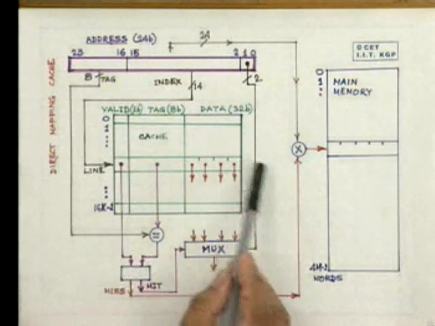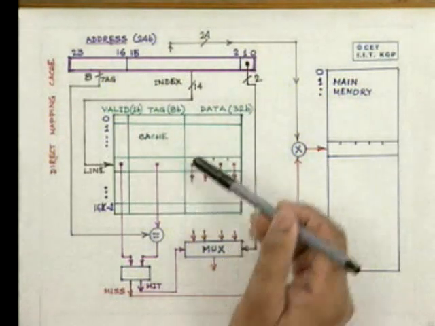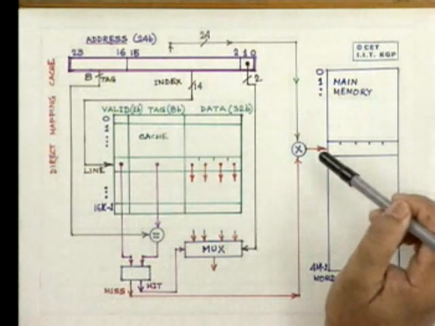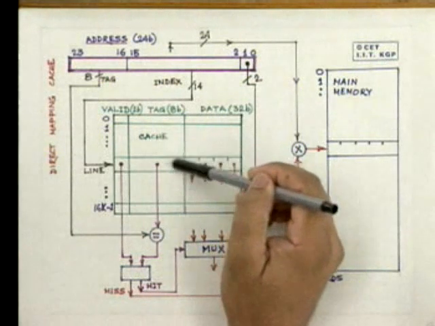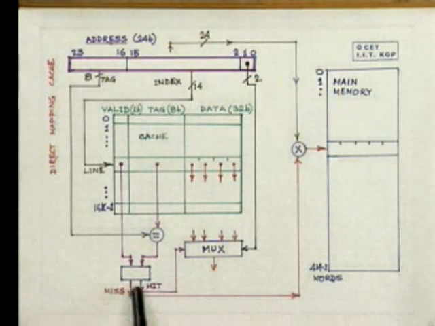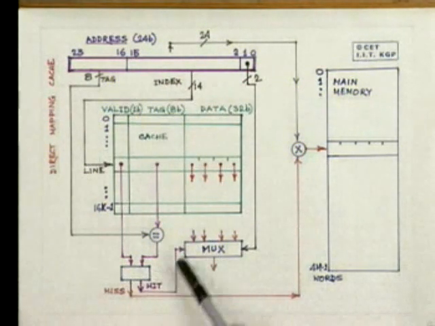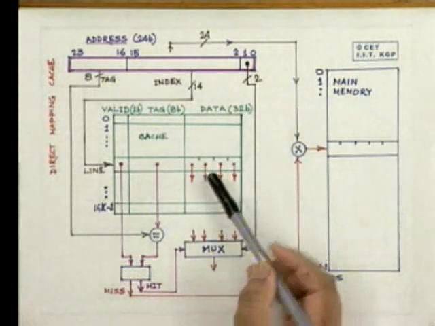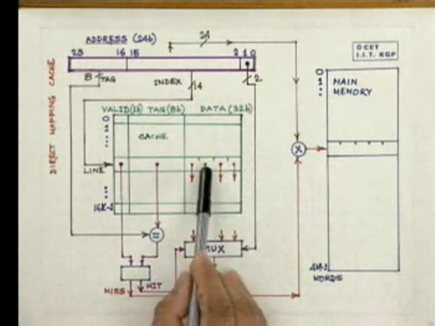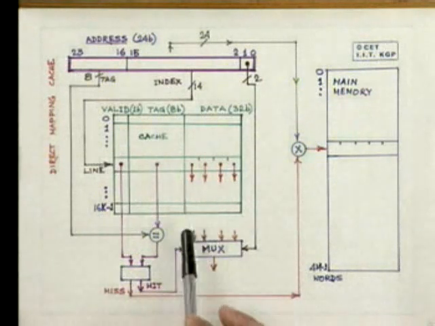This way, after some time, because of locality, we'll find that most of the memory locations whose content is needed are available in the cache, and therefore most of the time we'll have a hit. Because of the percentage of hits being high, we'll be able to access the data or the instruction, whatever it is, directly from the cache memory.